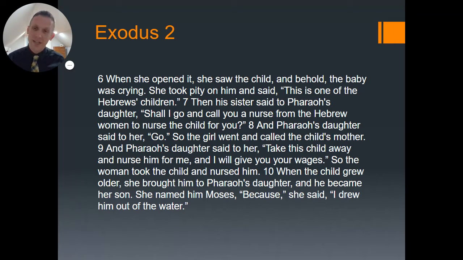Maybe she's barren herself, she and her husband not able to have any children, so she wants a child of her own, and Miriam knows this, and so places her brother in that place to be raised by this kind and generous Egyptian woman longing for a child of her own.